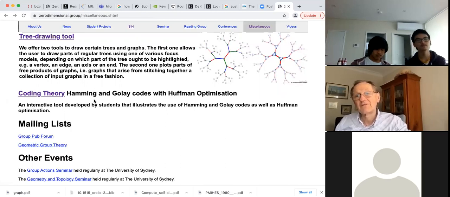There are actually a number of programs that people have created for drawing graphs. I think ultimately we want something a bit more specialist that works for highly symmetric graphs. But there already exists software for drawing graphs, and there's a number of ways in which they work.